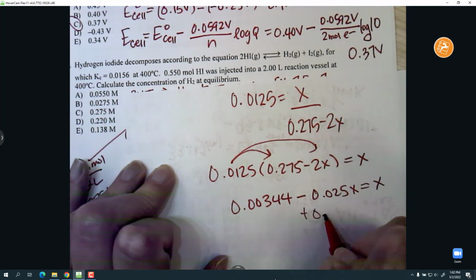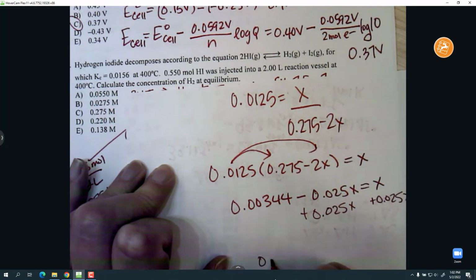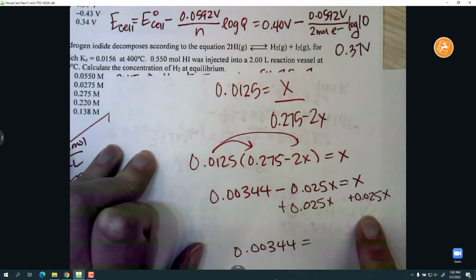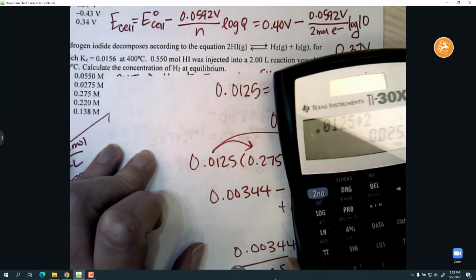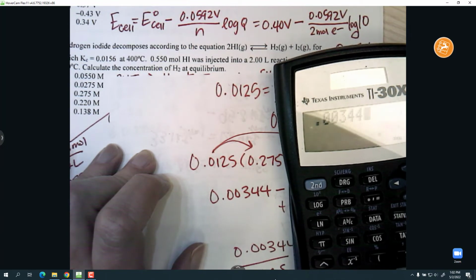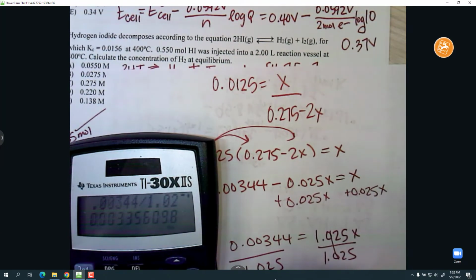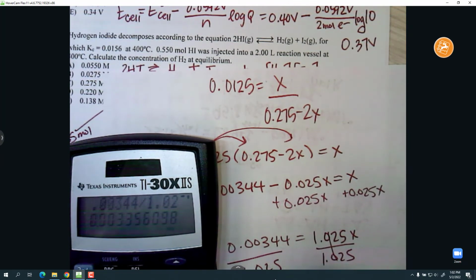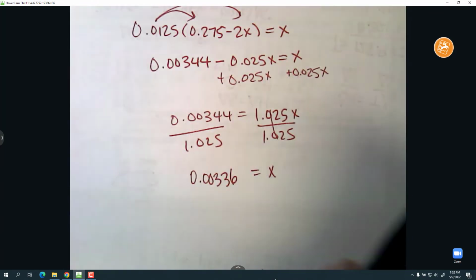Get the x's together. Remember, this is 1x plus 0.025, so 1.025x. All right, so 0.00336. That's my x.